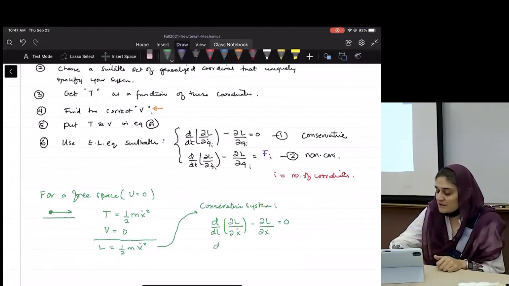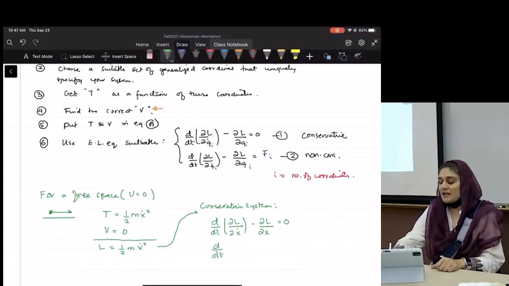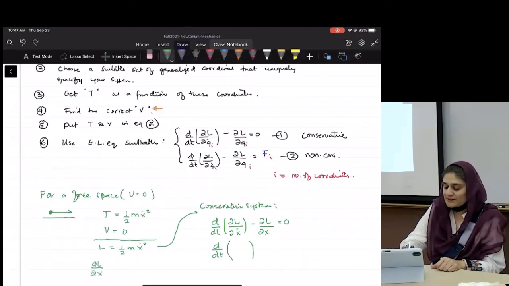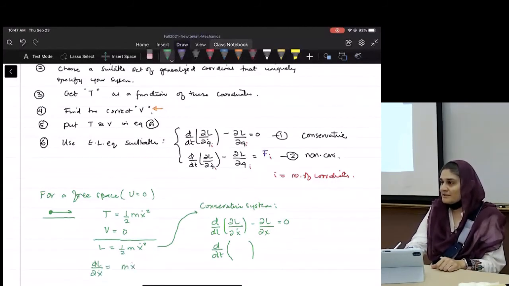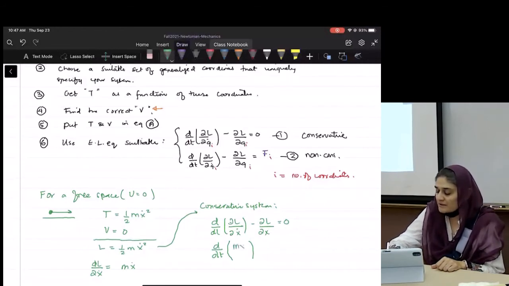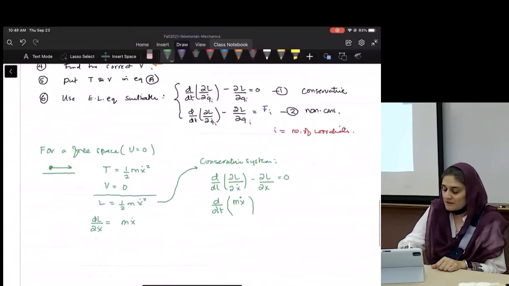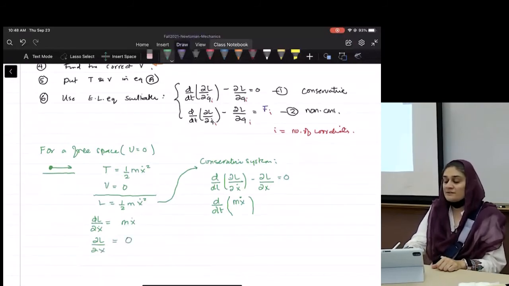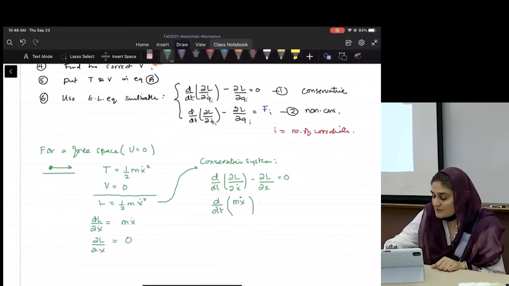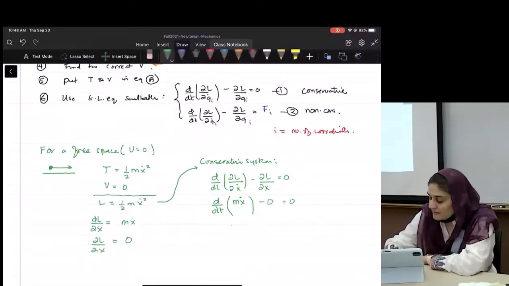What is then d over dt of partial L over partial x dot? So what will be partial L over partial x dot? Right? Can I plug that in here? What is partial L over partial x? Is there a value of it? No, there isn't. So that means this is going to be 0. m x double dot equals 0.